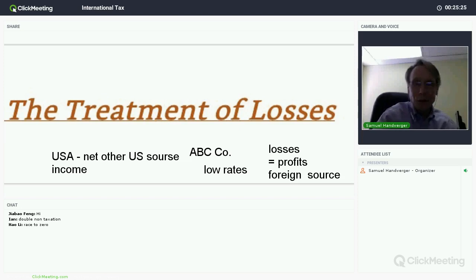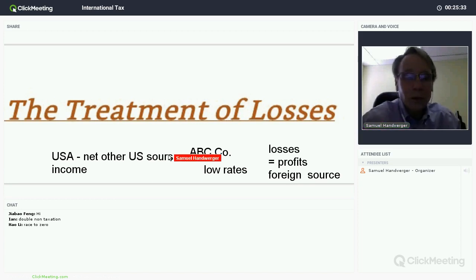So here's our first sort of, not a polling question per se, but a thought question. Think about this. U.S., we gotta get the right spelling. There we go. U.S. treats its residents on worldwide taxation.